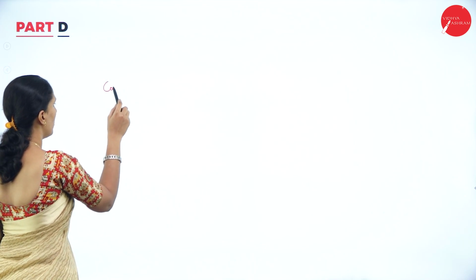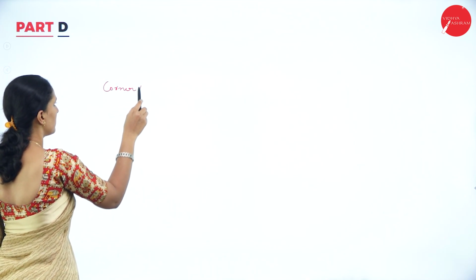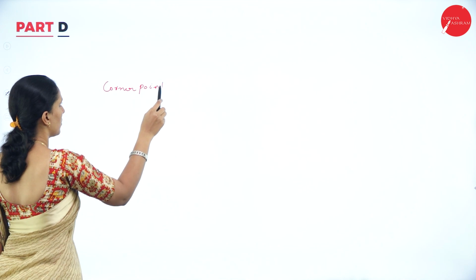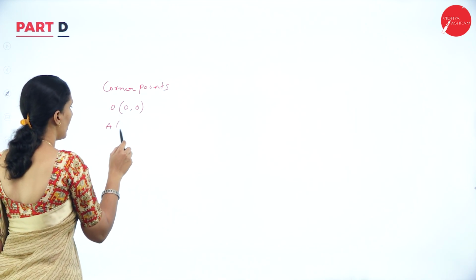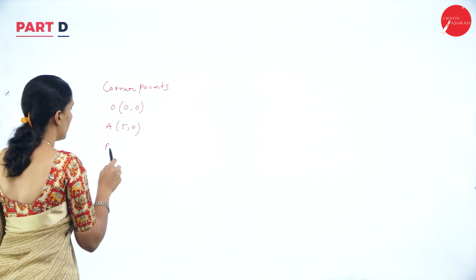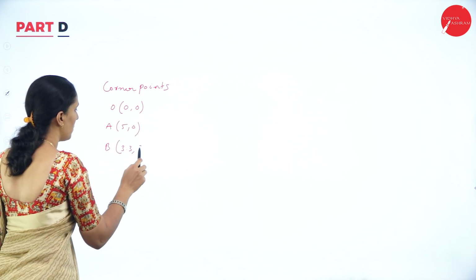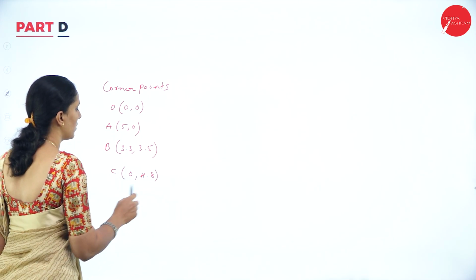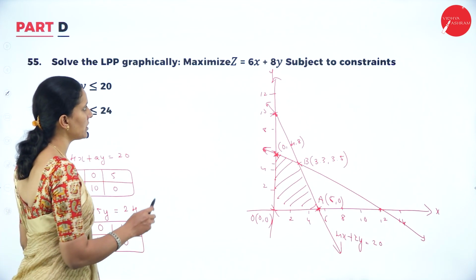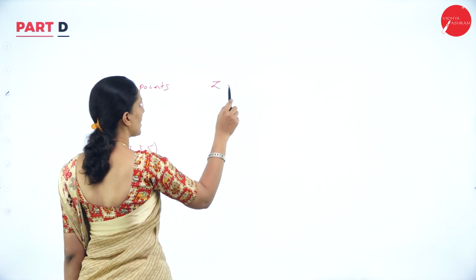So we have the corner points: origin 0, 0, A 5, 0, B 3.3, 3.5 and C 0, 4.8. And we have the objective function z is equal to 6x plus 8y.